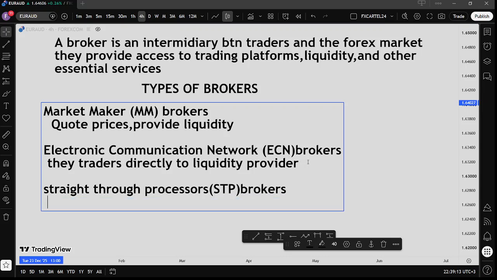Now this one routes orders to liquidity.